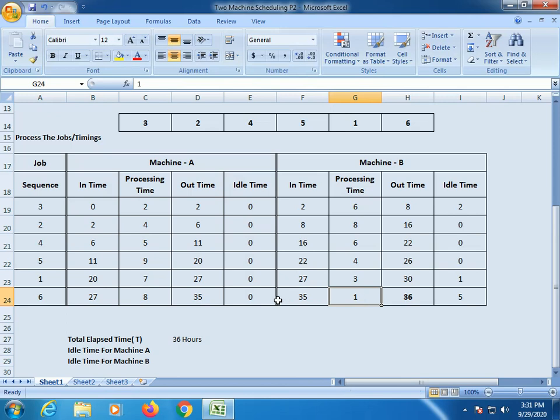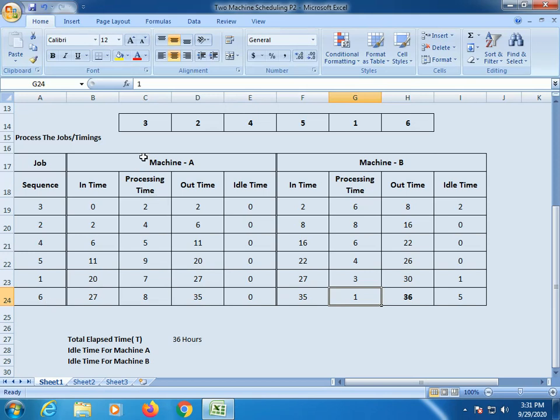Why? Because the same job, after being performed on machine A, has to be performed on machine B, and this sixth job will take 1 hour of processing time on machine B.